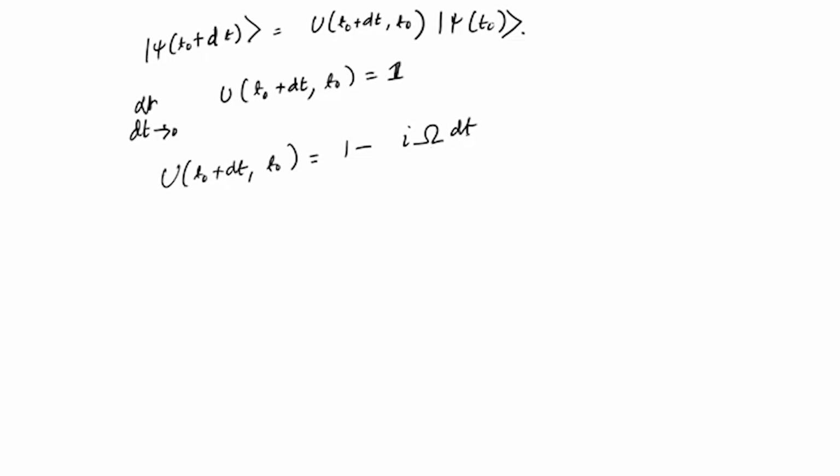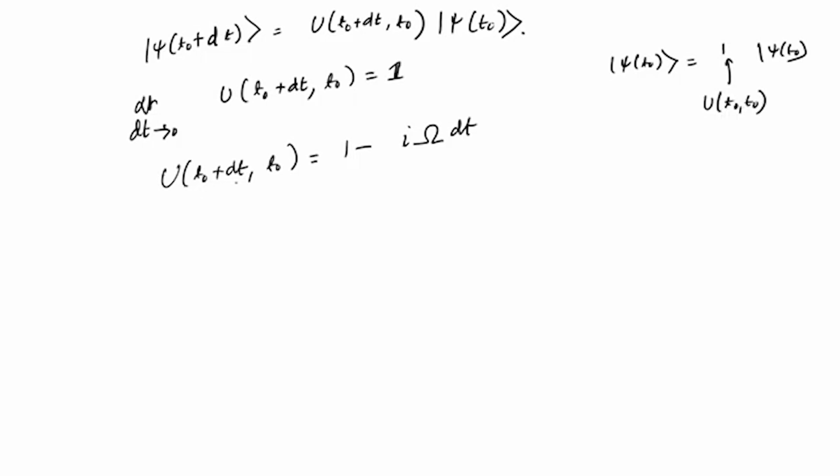As dt goes to 0, we have U of t0, t0, which of course would be equal to 1, because you are not evolving the system at all. So psi of t0, and if you want it to be connected to psi of t0, you simply should put a 1 here, and this 1 is nothing but U of t0, t0. So U of t0, t0 is equal to 1.